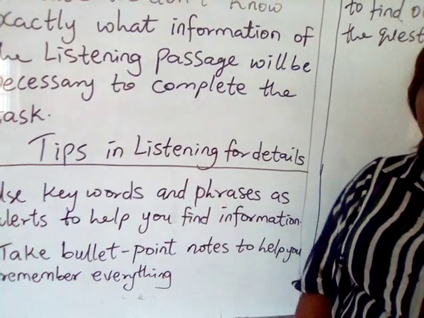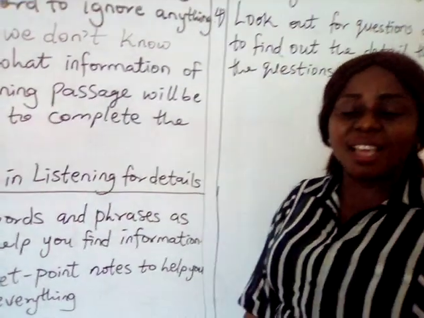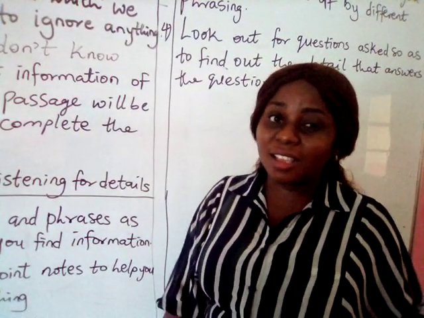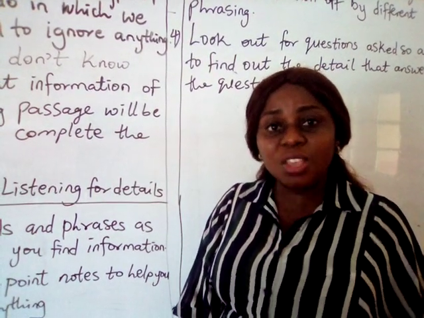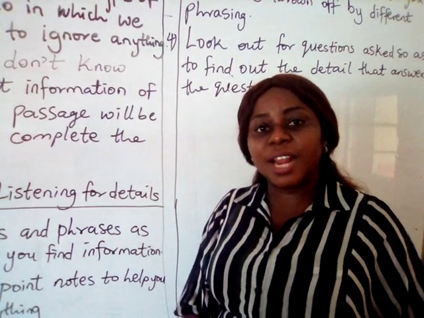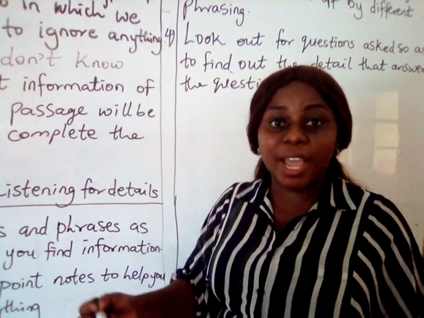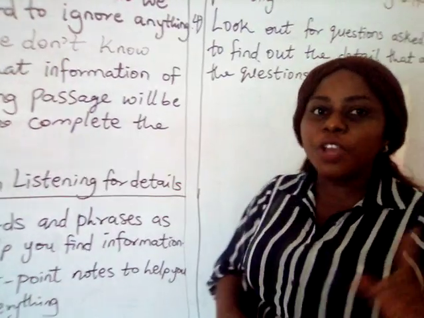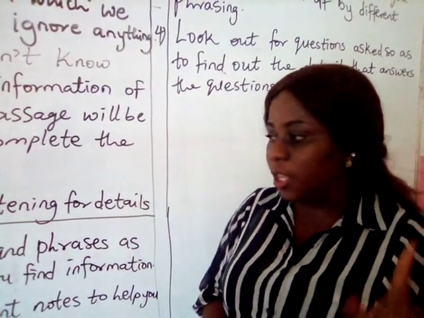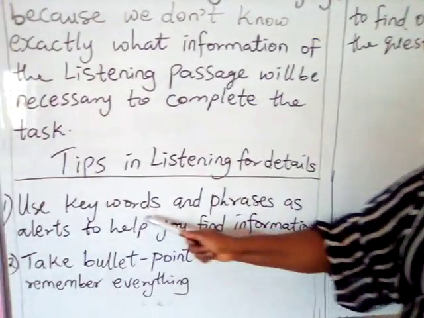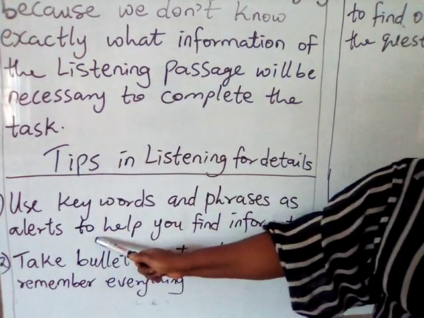First of all, whenever you are listening, be it a news, be it a kind of address, like when you come for assembly and the Reverend Father is about to address you on a vital topic, you are to first of all pay attention to the following. Make sure that you use the keywords and phrases as alerts.